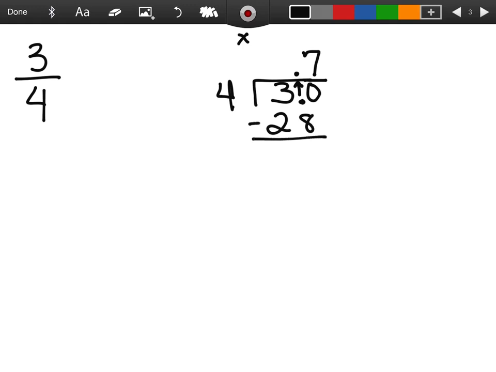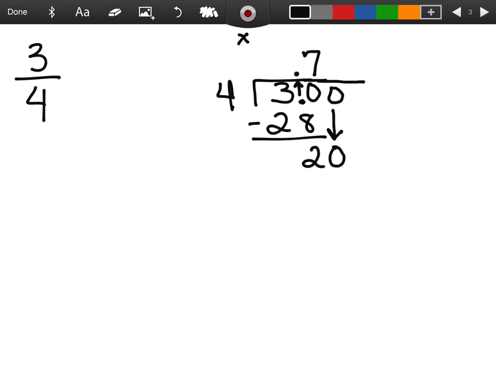Okay, make my subtraction. 28 from 30 is 2. Well, now I'm in the same situation, 4 and 2. So I've got to add another 0, extend my division sign, drop that 0 down, and now I've got another one.